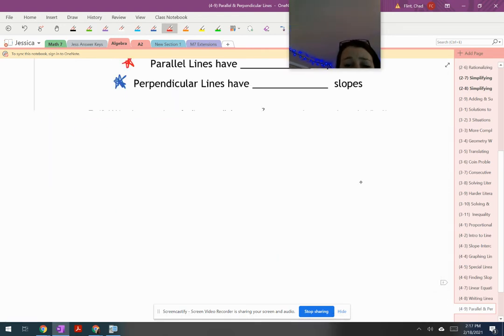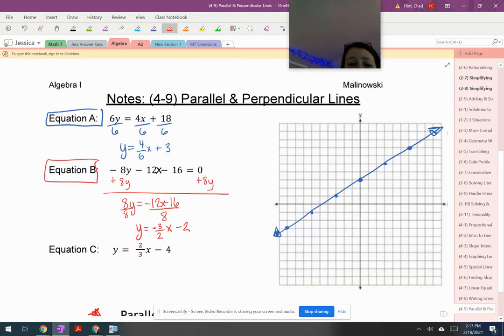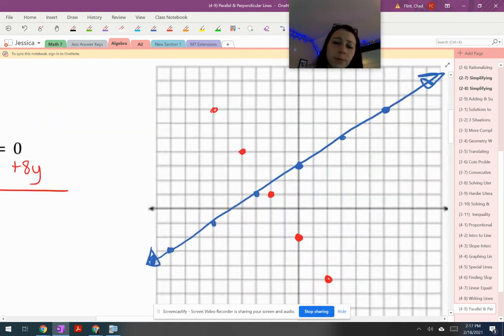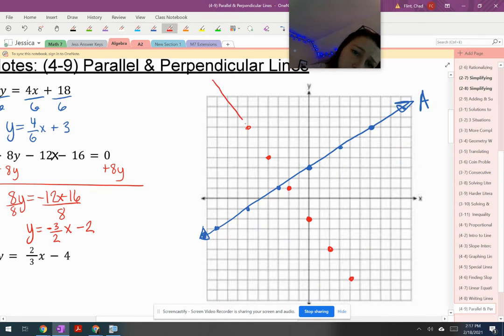So this red one, oh geez, my hand's hitting things, is starting off at a y-intercept of negative 2 and going down 3 over 2, repeating. And there we have our red line, or equation B, as it is labeled.